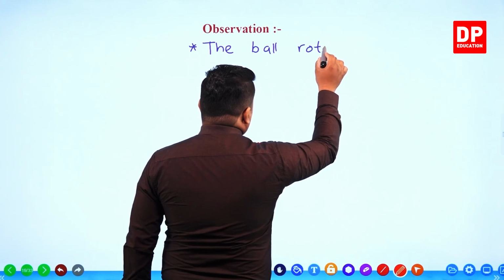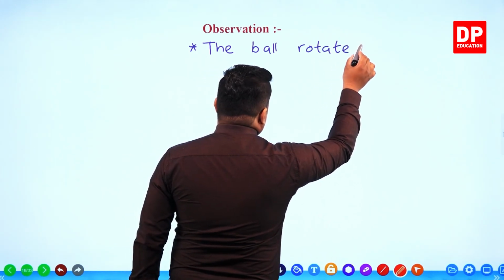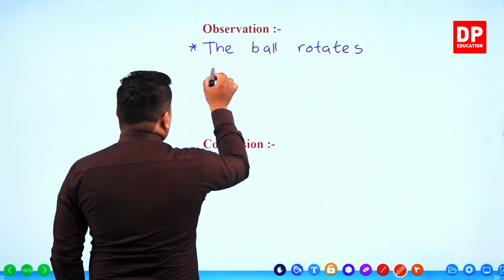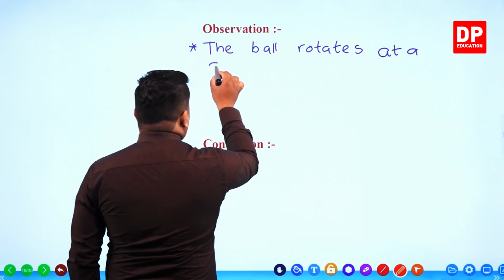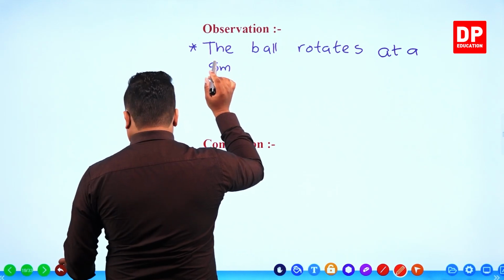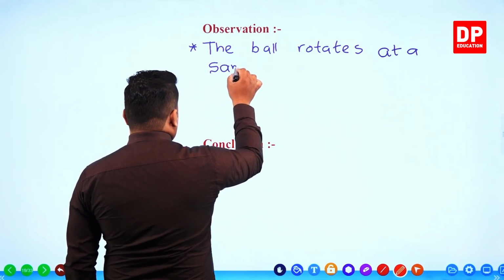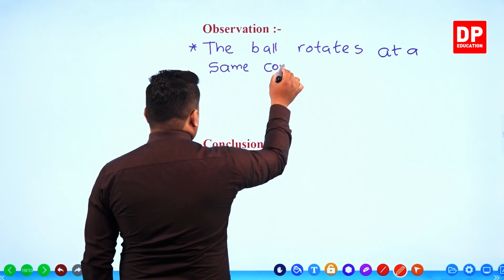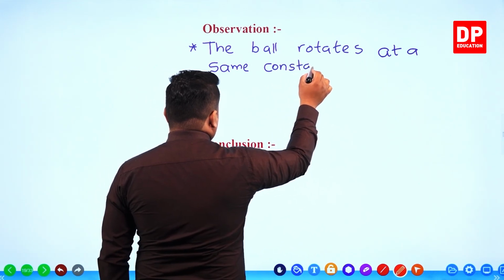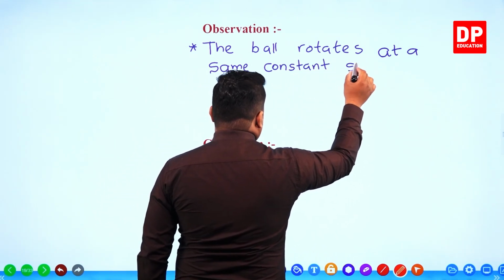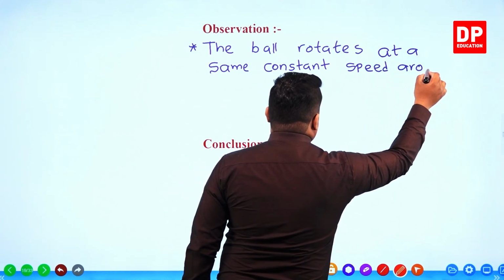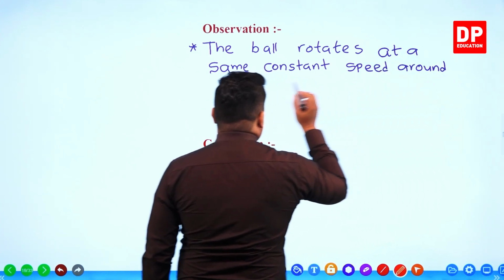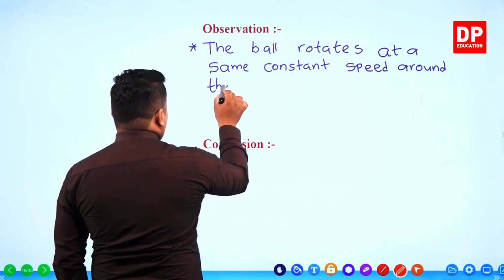The ball rotates at a same constant speed around the arm.